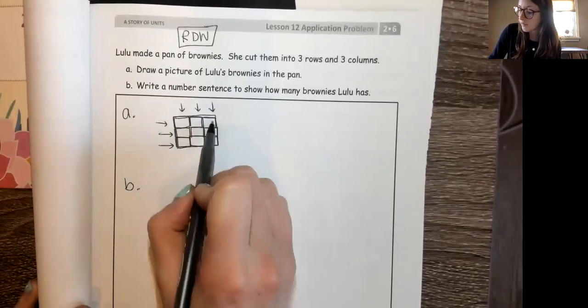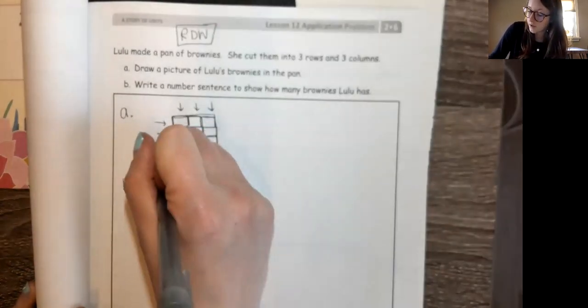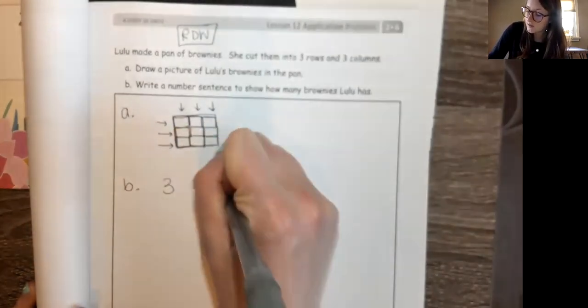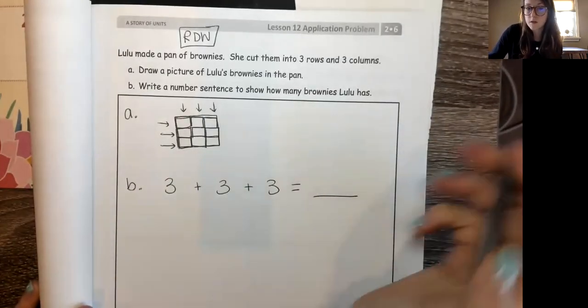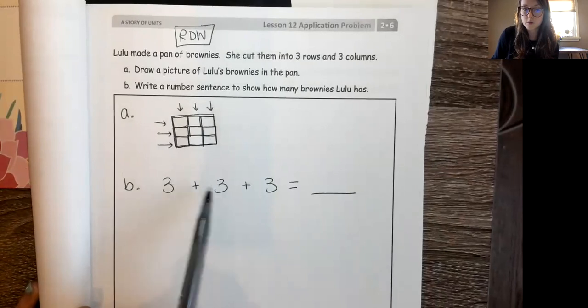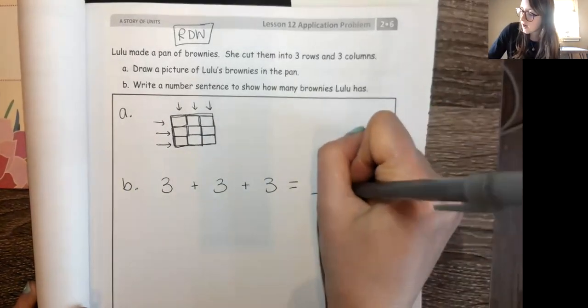So I know there are 3 rows and there are 3 brownies in each one. So I'm going to write 3 plus 3 plus 3 equals. So I can figure this out by doing 3 plus 3 gives me 6. 6 plus 3 more gives me 9.